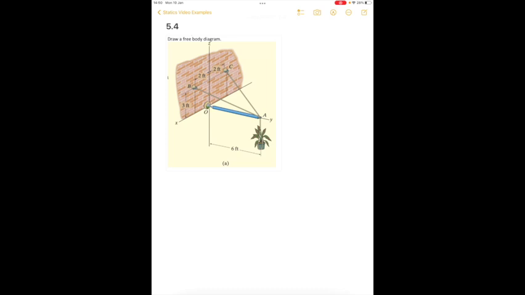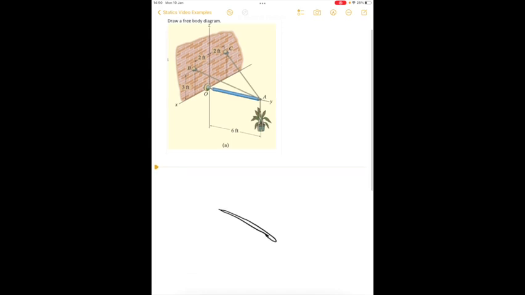Finally, let's look at an example in 3D. So in this case, we have this rod here. And so this will be the member that we draw in our free body diagram. And there's going to be several forces acting on this rod. So the first thing we have to recognize is that at the point O, it's a ball and socket joint.